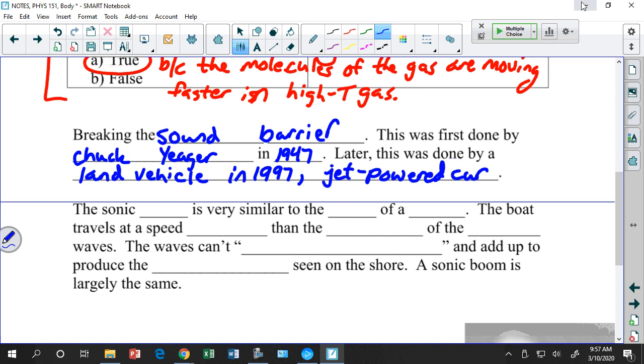Sorry. So the sonic boom is very similar to the wake of a boat. The boat travels at a speed that is larger than the speed of the water waves.